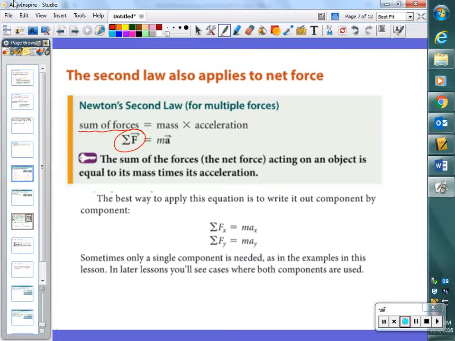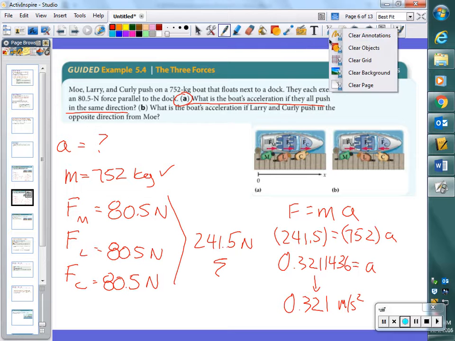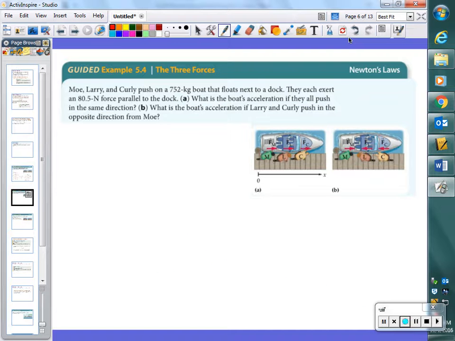Okay. Going back to this problem here, duplicate this, and then get rid of all this writing here. If we look at part B, it says, what is the boat's acceleration if Larry and Curly push in the opposite direction of Mo?